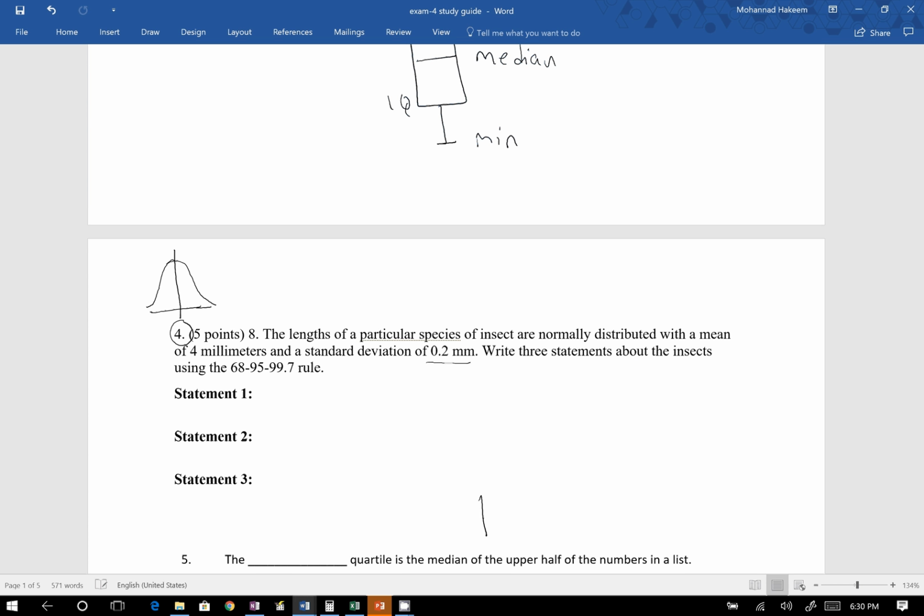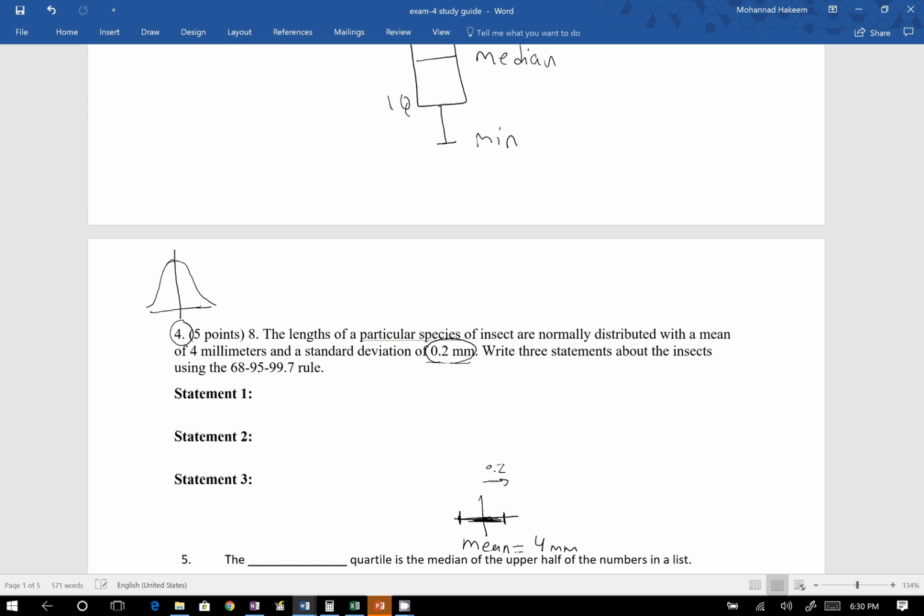So the average of all species length is 4 millimeter, with a standard deviation of 0.2 millimeter. So most of them are concentrated around the mean.